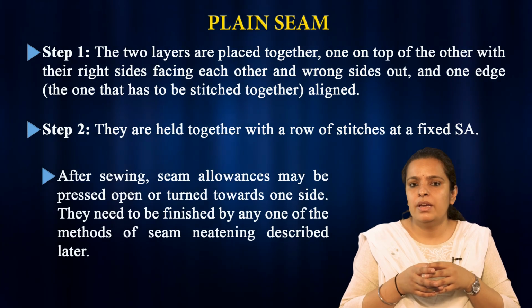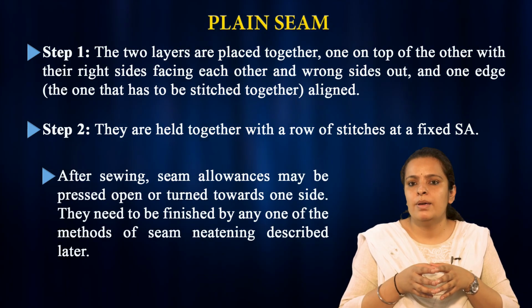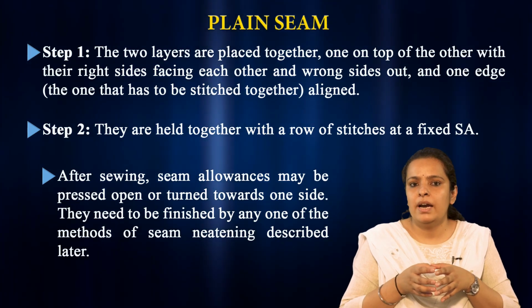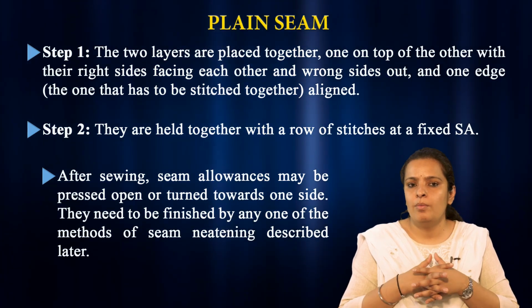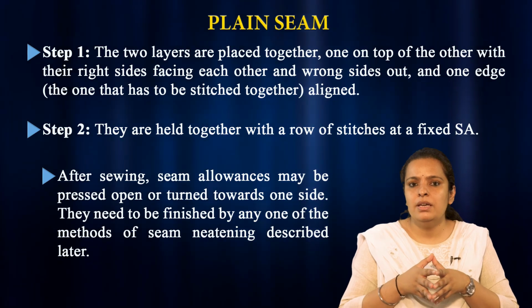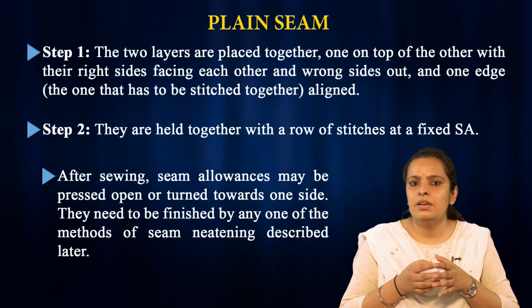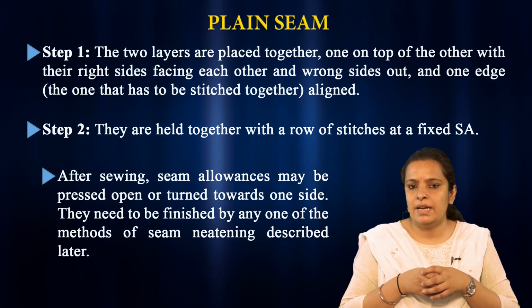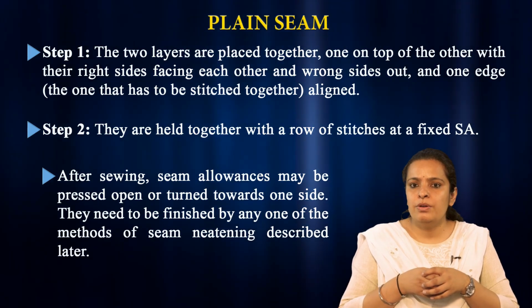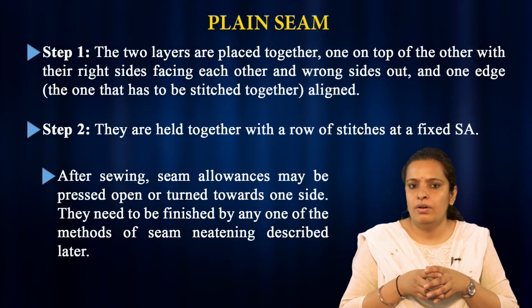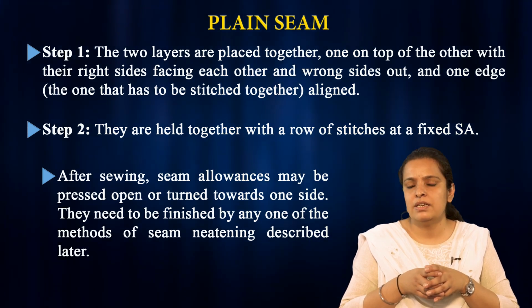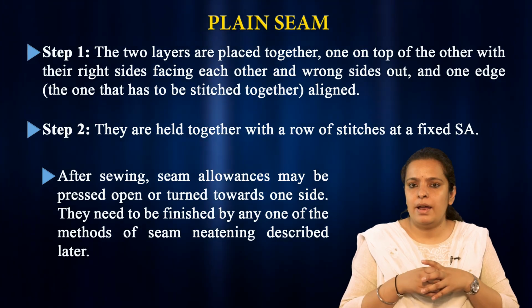Then after sewing, the seam allowance may be pressed open or turned towards one side. They need to be finished by any one of the methods of seam neatening, which we will describe later.